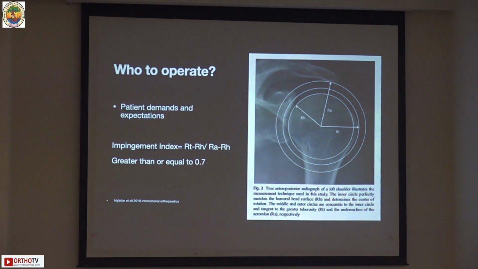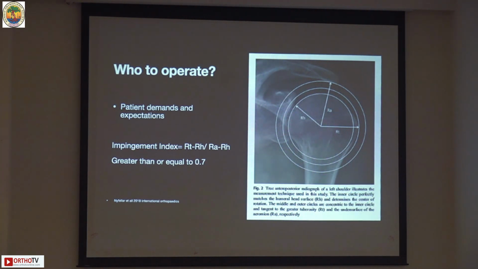Now, it's formula based. I know when you read the formula for the first time, it doesn't make so much sense, but it's very simple. It's the distance from the center to the greater tuberosity minus the humeral head radius, that distance divided by the distance from the acromion to the humeral head. When that is done, the impingement index is found. We always remember the 5 to 7 millimeters as the distance between the humeral head and the GT.